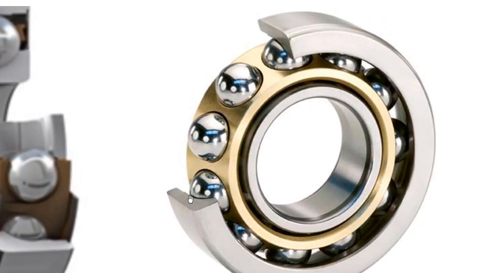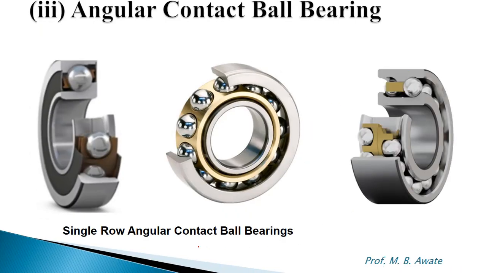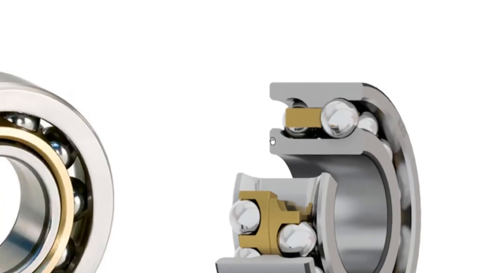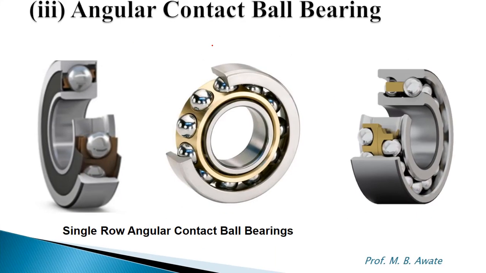See here, this is also a profile. Okay, and in case of double row also you can see the same. See here, the change you can see here. Okay, so this is regarding angular contact ball bearing. What is the speciality here? So here it will support the radial load as well as the thrust load.